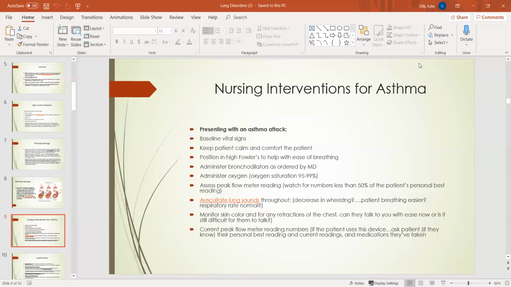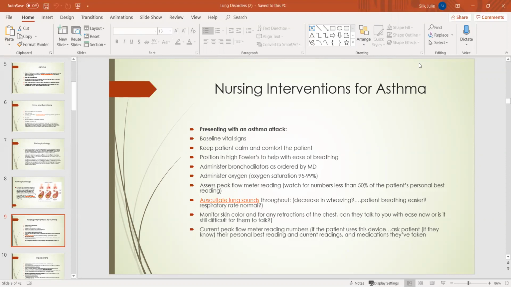So the peak flow meter is just this handheld device that measures how well your air moves in and out of your lungs. If you're someone that has moderate to severe asthma, you should be measuring your peak flow once a day. Usually you do it in the morning before you take your asthma medications. Or if you're having lots of episodes lately for some reason, then you would do it more often.